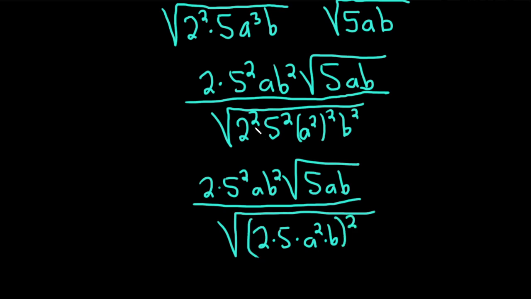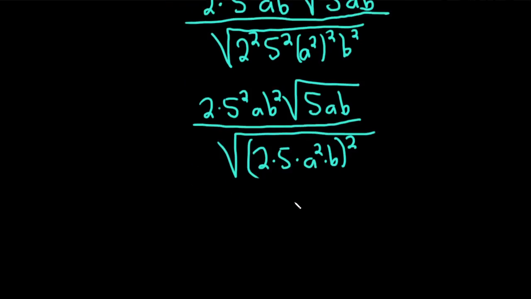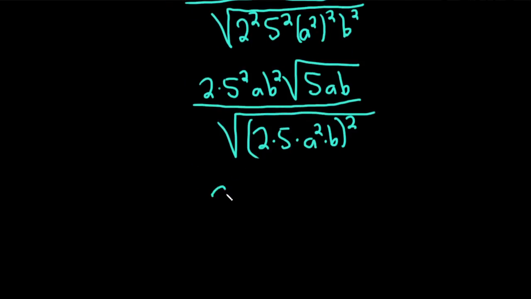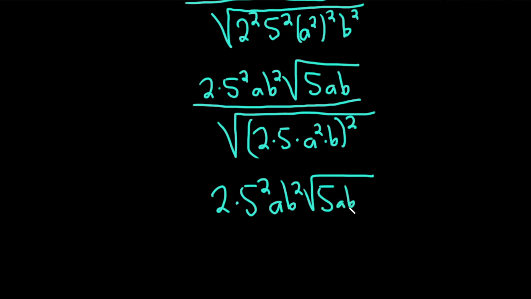Wow, and all of that is squared, right? 2, 5, a squared b, all of that is squared. This is going to be 2 times 5 squared. And then we have ab squared, square root 5ab. Boom, and on the bottom, all of this is finally free from the square root. It's 2 times 5, a squared b.